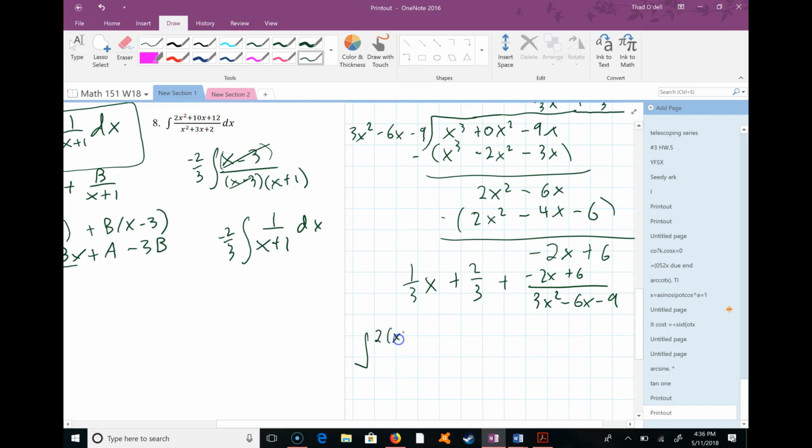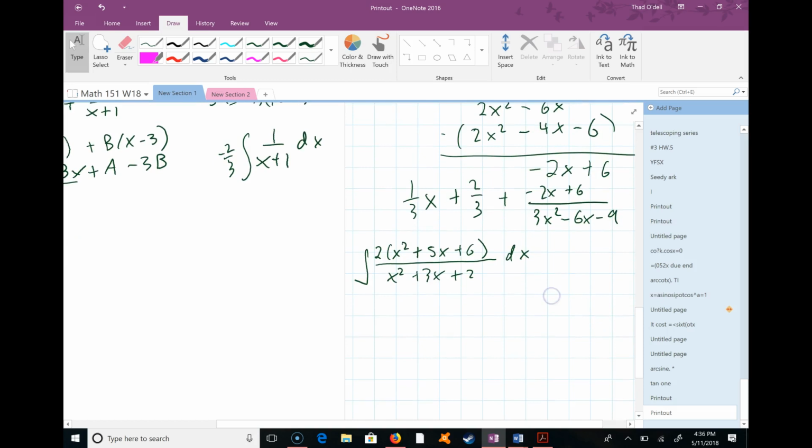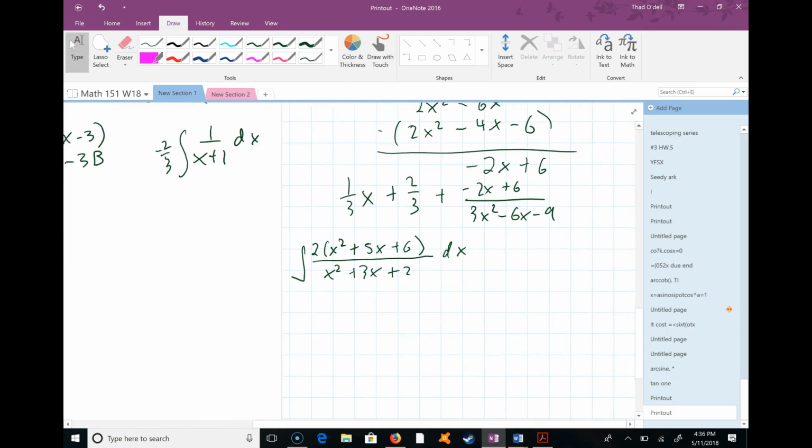That'd be 2 times x squared plus 5x plus 6 on the top, and on the bottom, x squared plus 3x plus 2, dx. So I can take that 2 outside and not let it bother me.